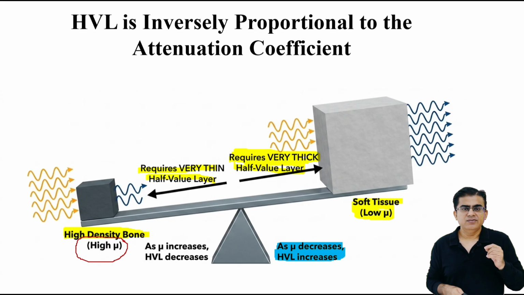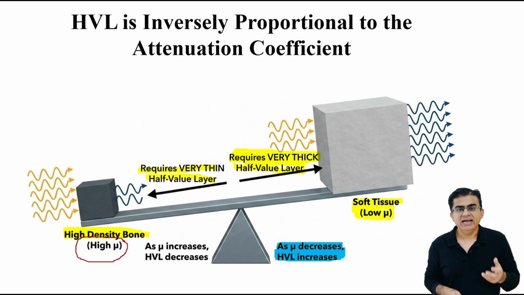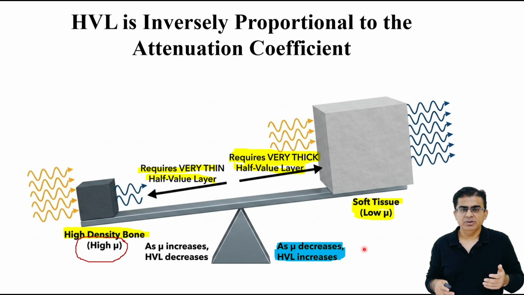Let us take this physics concept out of the patient and into the treatment room. Think about the heavy lead or cerrobend shielding blocks you use to shape your treatment beams. Lead is an incredibly dense metal with a very high atomic number. Because of this extreme density, lead has a massive linear attenuation coefficient.